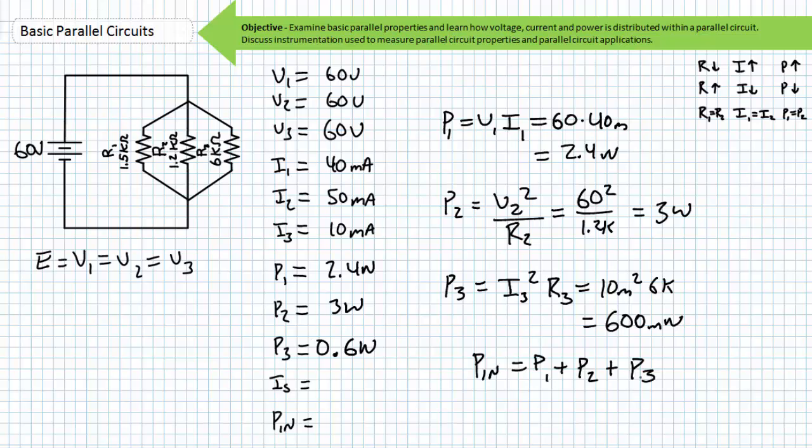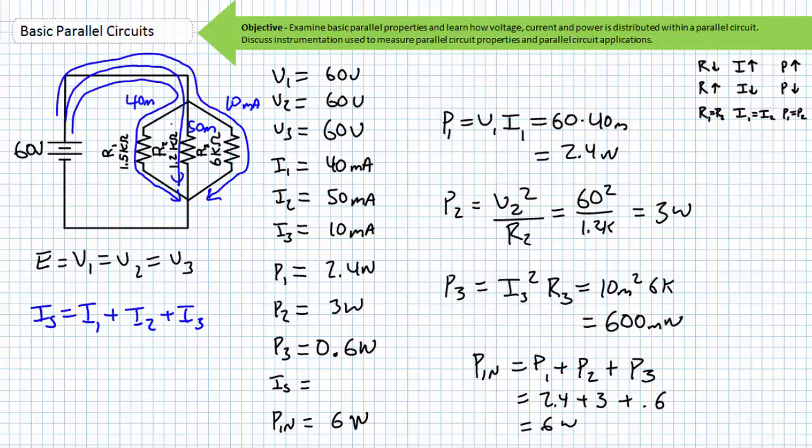The power input to this system is P1 plus P2 plus P3. Substituting the calculated values for P1, P2, and P3, we find our power input to be 6 watts. To solve for source current, we can summate the individual currents, where IS equals I1 plus I2 plus I3. 40 milliamperes plus 50 milliamperes plus 10 milliamperes yields a total current draw of 100 milliamperes.